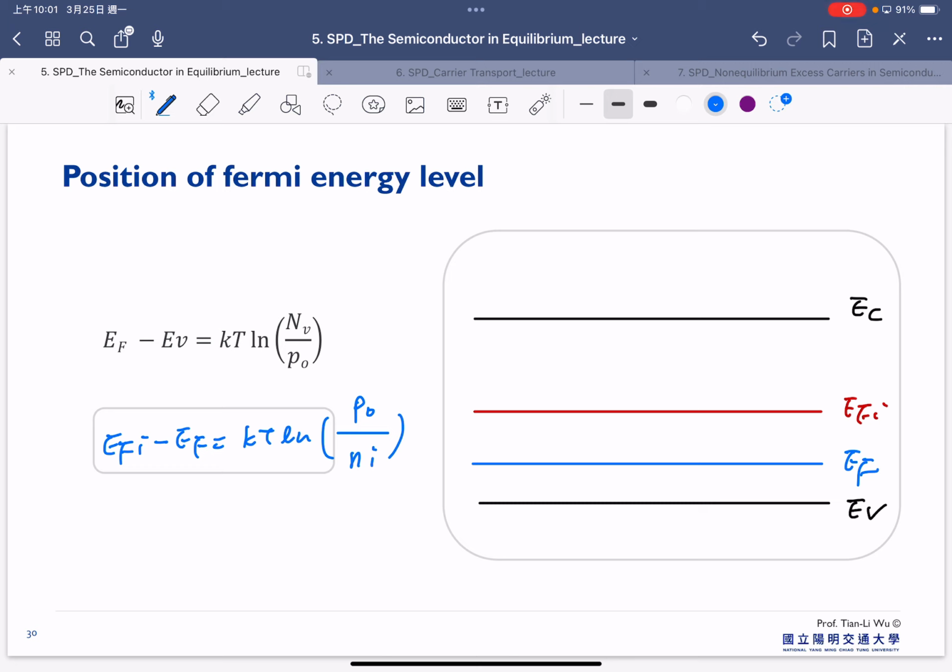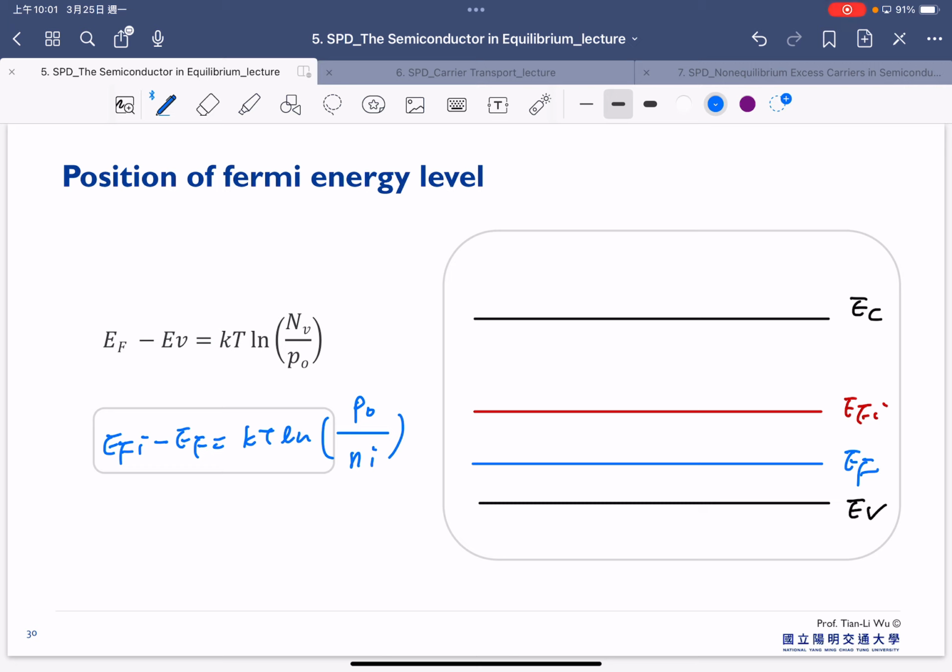So in the end, although we spent quite a lot of time deriving the equation from the very beginning, introducing the concept of the band diagram and so on, the conclusion is always very simple.